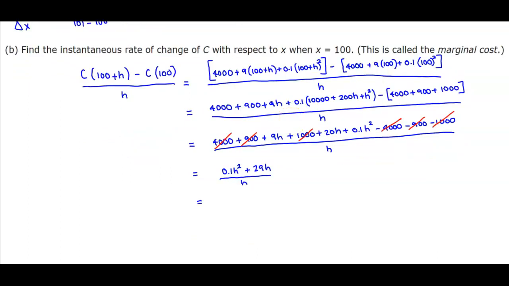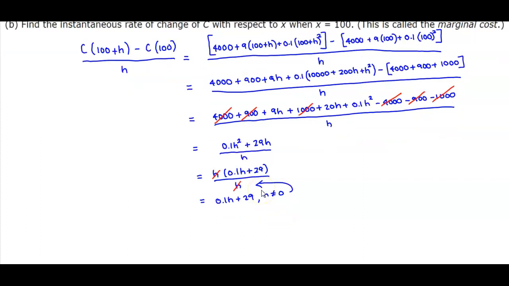Now if we factor out the h, we have h times 0.1h plus 29, divided by h, and then we can simplify the h, and what we get is 0.1h plus 29, and again that's when h cannot equal 0 because of the fact that it's in a denominator.